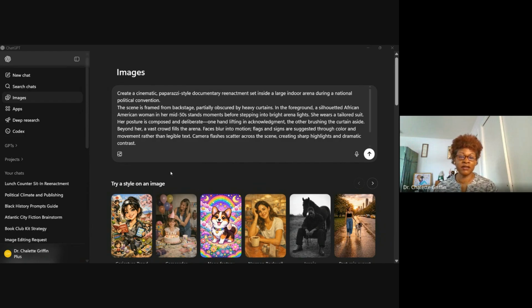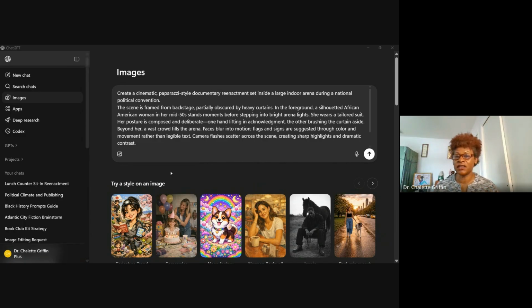And then the second sentence: the scene is framed from backstage. Again, we're talking about the environment obscured by heavy curtains. So that's the extra details.